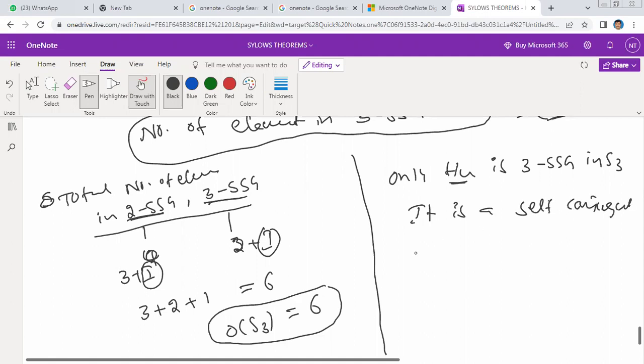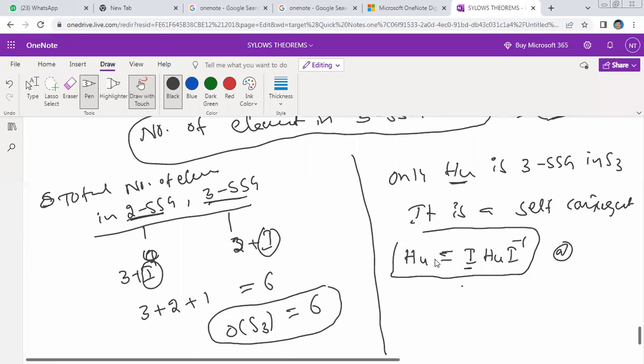Self conjugate. That means H4 is equal to, suppose I am taking the identity permutation I, I H4 I inverse. I తీసుకున్నప్పుడు I H4 I inverse is equal to H4 అవుతుంది. ఇంకెట్ రాయొచ్చండి, you take any other element, so H4 is self conjugate.